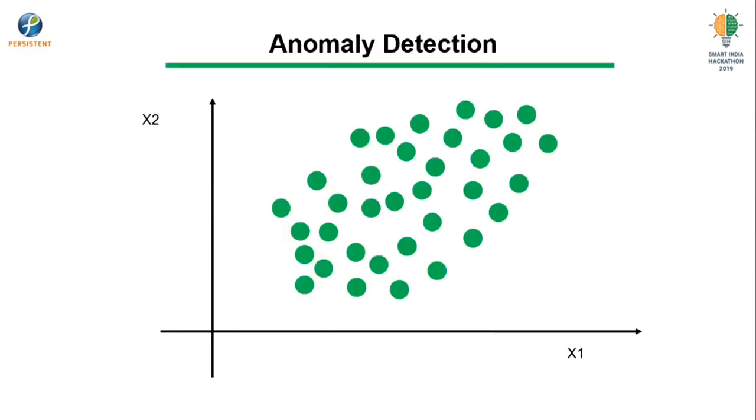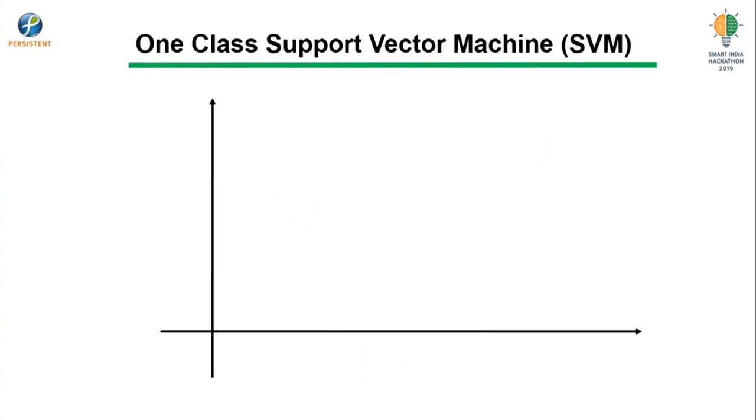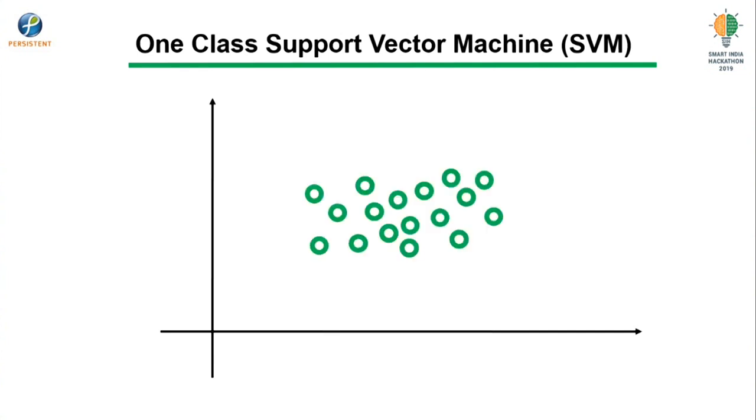Alright, so let us move on and see what we can do with it. The algorithm that is used for it is the one class support vector machine. This is another variant which is used for anomaly detection. Now, in normal situations you may not always get points in a circular area.